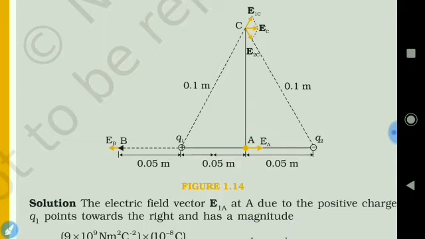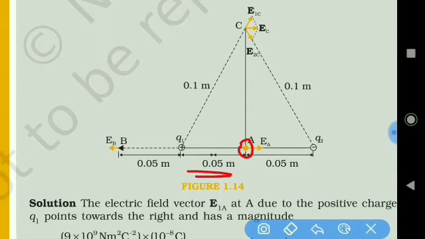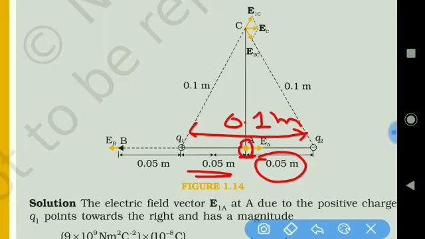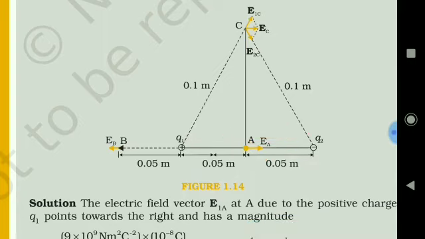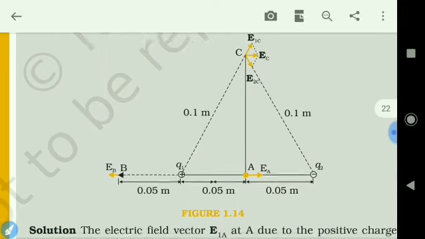As this point A is at the center, the distance of A from charge Q1 will be 0.05 and the distance of this point A from charge Q2 is also 0.05, because the total distance between these two charges is given 0.1 meter. So this distance will be half.